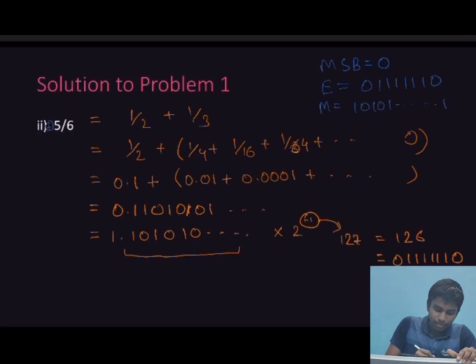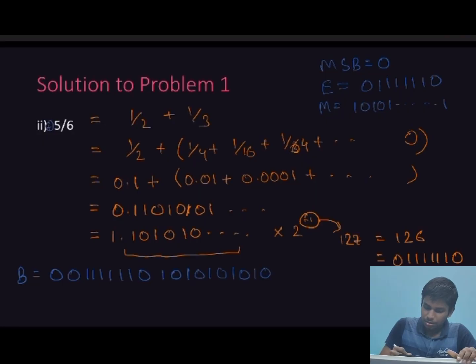So combining them in IEEE standard format for binary, we get the binary representation as 0 0111 1110, and the mantissa 1010 1010 1010 1010, and so on, till 23 digits.